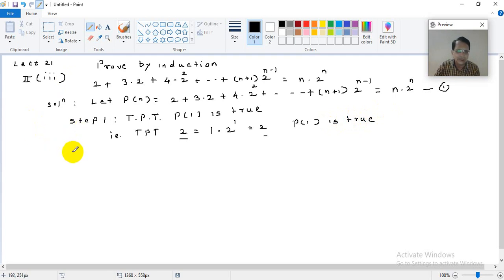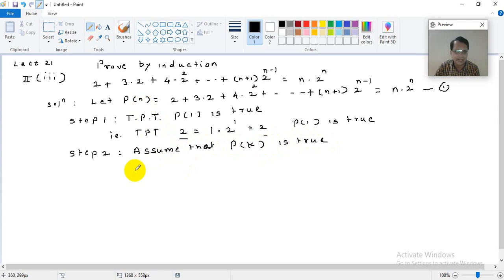Now step 2 is just an assumption. So step 2 will be: assume that Pk is true. Right? Now what you mean by Pk is true? That means you will put n is equal to k in this.